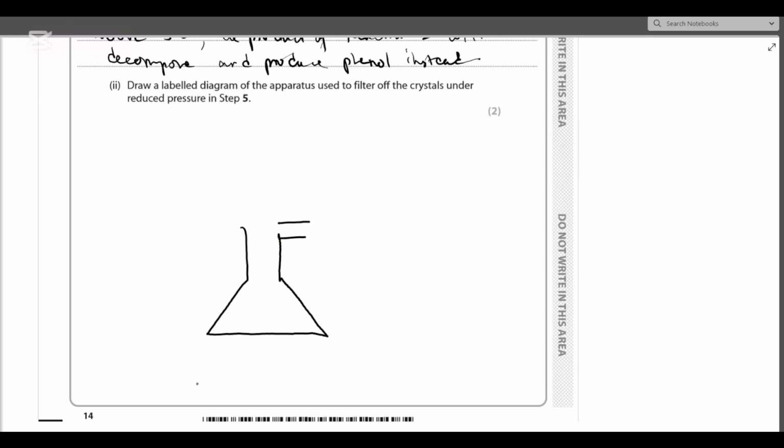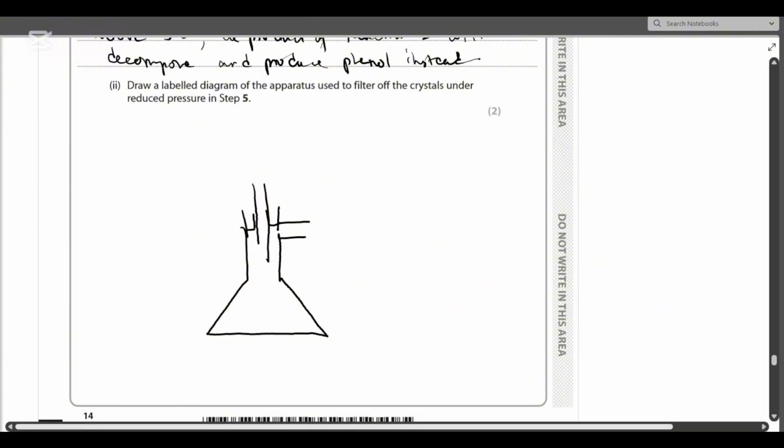Above it, a rubber bung is provided, and inside the bung the Buchner funnel is connected. This side pipe is connected to a vacuum pump, and this conical flask is now known as the Buchner flask.